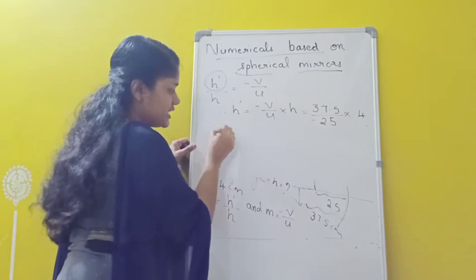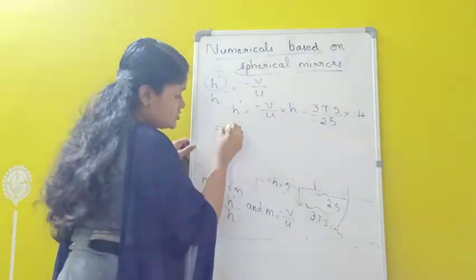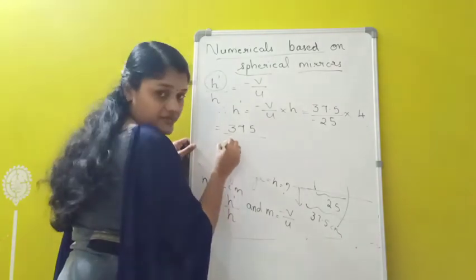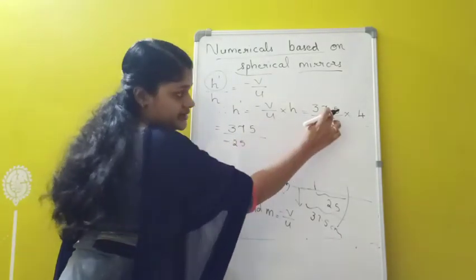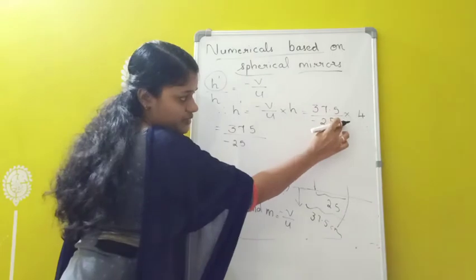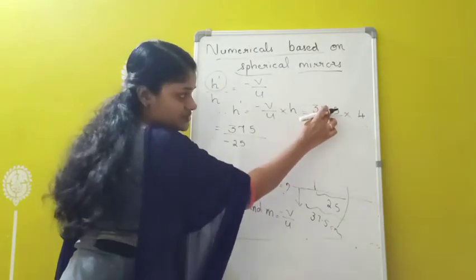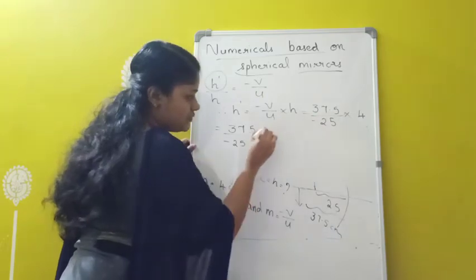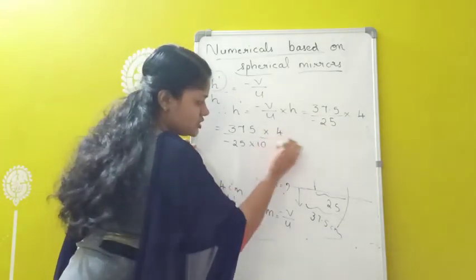So we have 37.5, I am writing that as 375 divided by minus 25, and when I remove the decimal I have to multiply by 10 in the denominator, because after the decimal there is only one digit. So I am multiplying by 10 here, and already we have into 4.